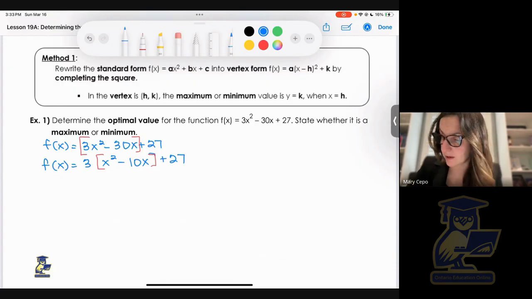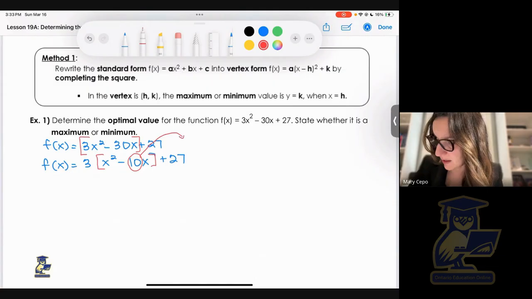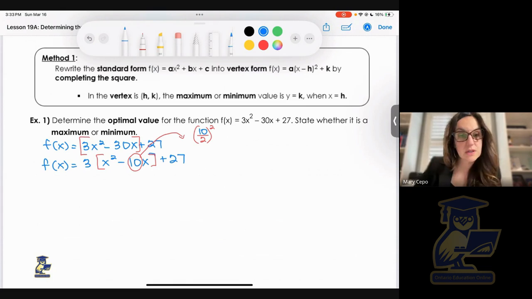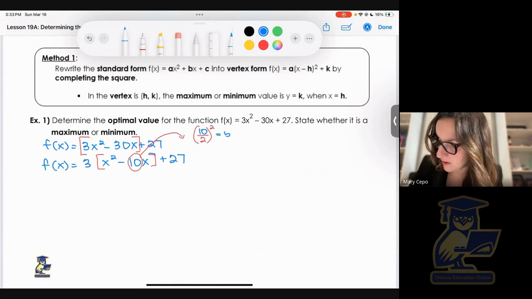So with that in mind, we need to create a perfect square trinomial. So we're going to take the coefficient in front of x, and we're going to divide that by 2. It doesn't matter what the coefficient is. The steps are always to divide by 2 and then square it. So 10 divided by 2 we know is 5. 5 squared is 25.